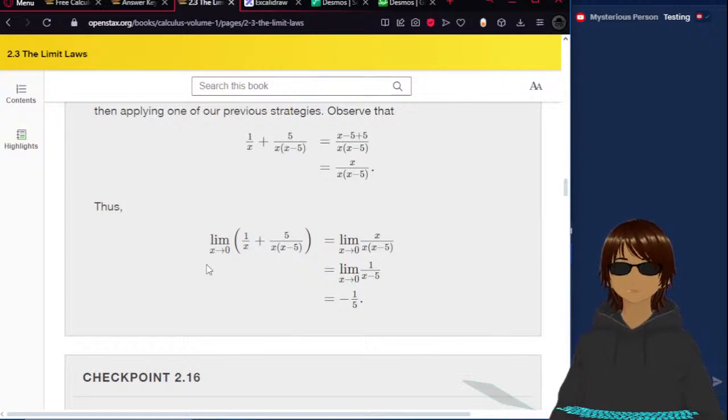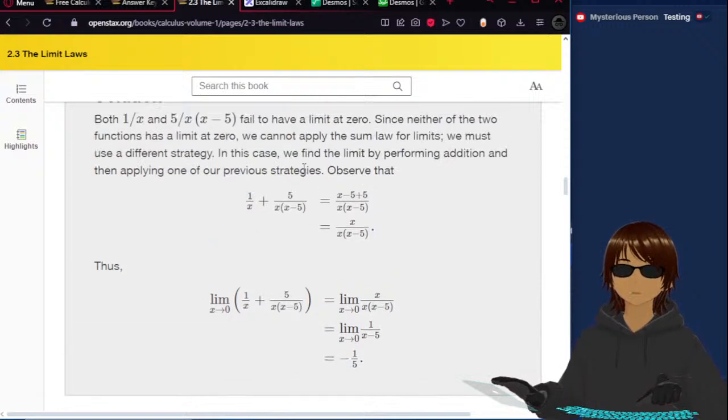Now what are they doing here? Yes, they're putting this all in one fraction, I guess.